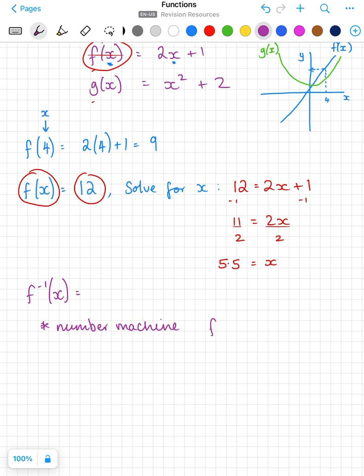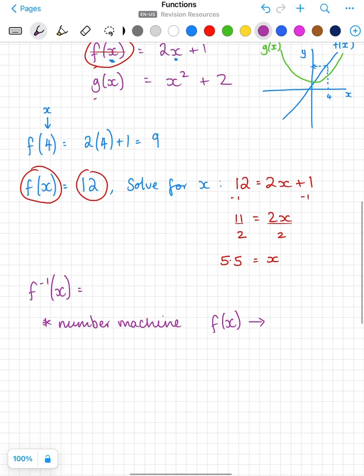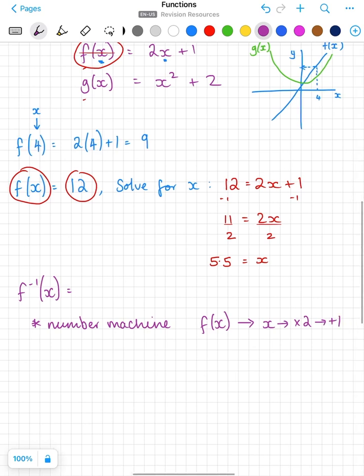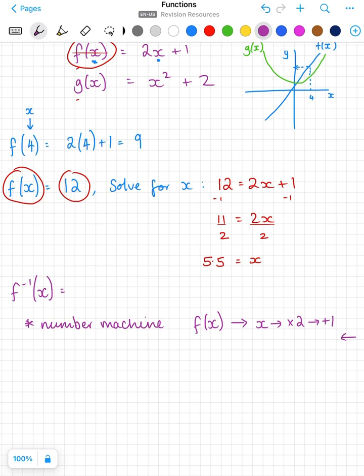So if f of x is 2x plus 1, we consider what we are doing to x. You're multiplying it by 2 and then you are adding 1. The inverse function is doing the opposite and going in backwards. So we're taking 1 away from x and then dividing it by 2, leaving us with x minus 1 over 2.